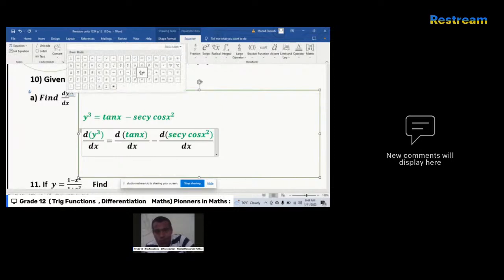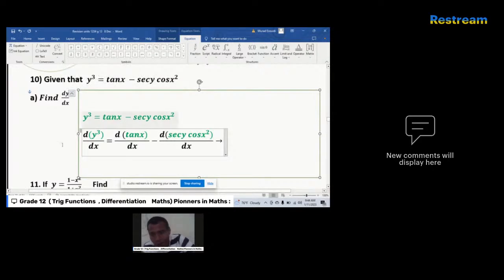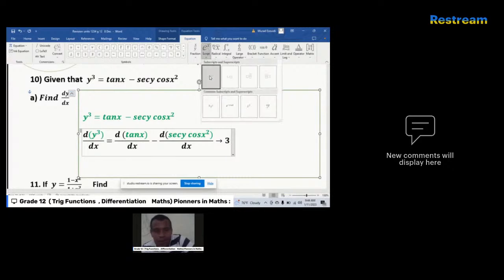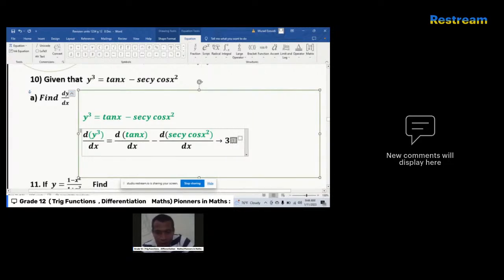The first derivative of the function y to the power 3 with respect to x. We don't have the same variable, so it should be written as 3 times y squared dy with respect to x. So it will be 3y squared times dy with respect to x, or times y dash.